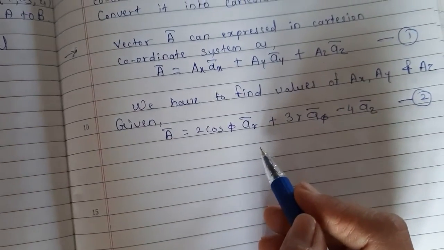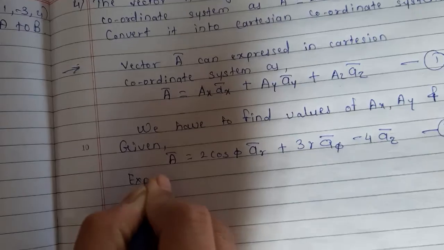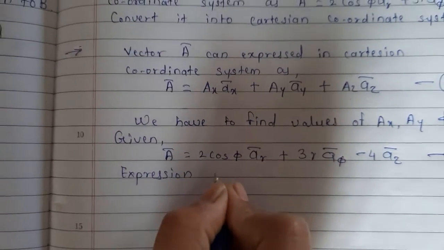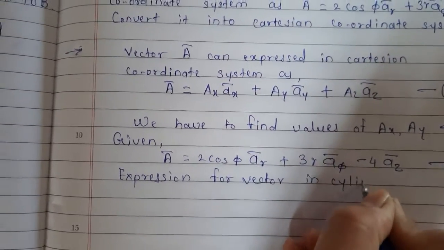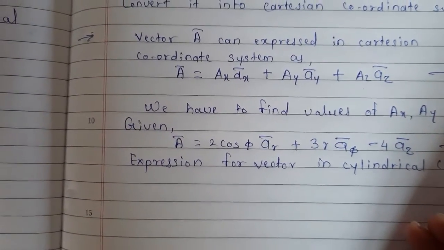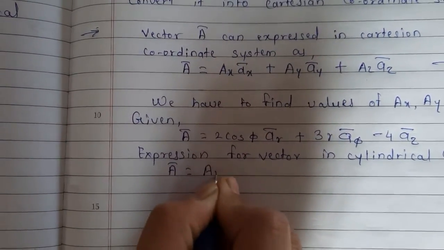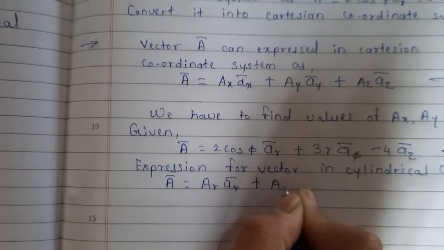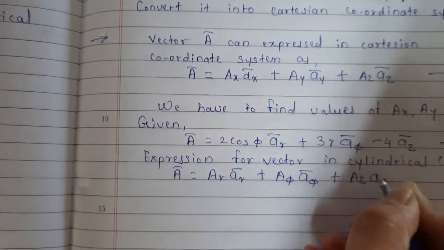The general expression for the vector in cylindrical coordinate is given by a bar is equal to ar bar plus a phi bar plus az bar.